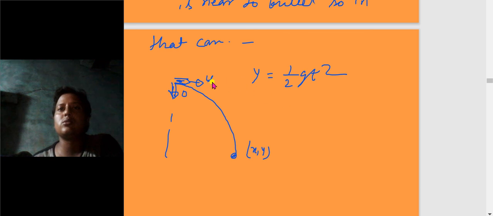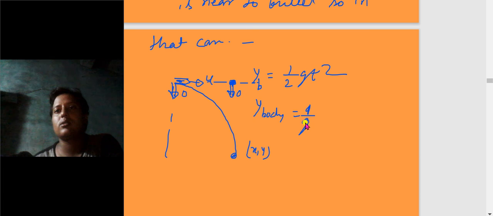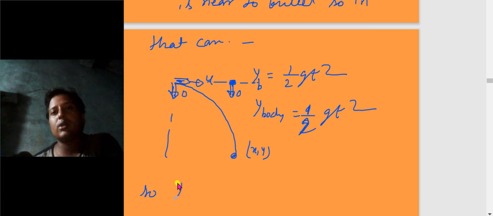And if there is a body on the same level, this body also has initial speed 0, so y of the body is also half gt square. So y of the bullet is always equal to y of the body.